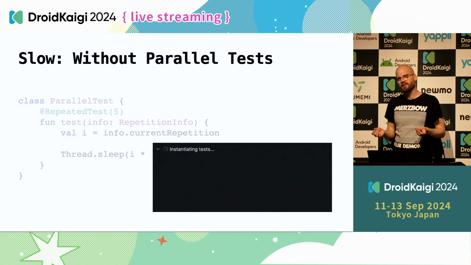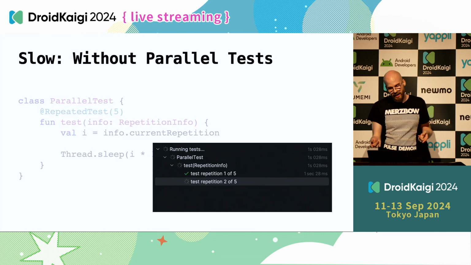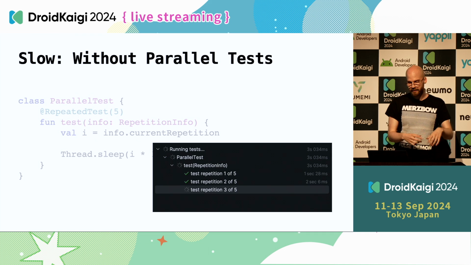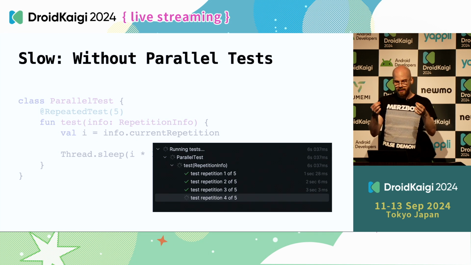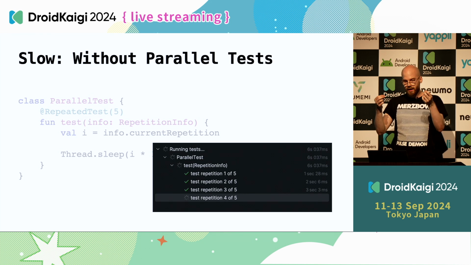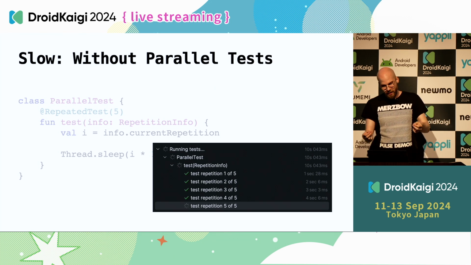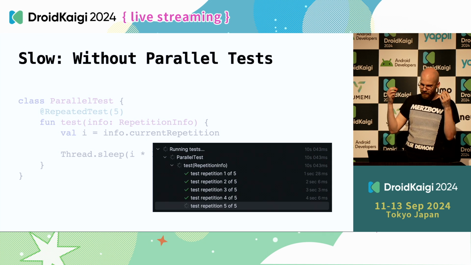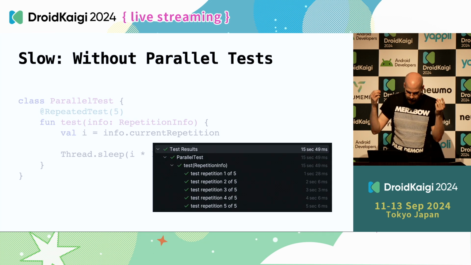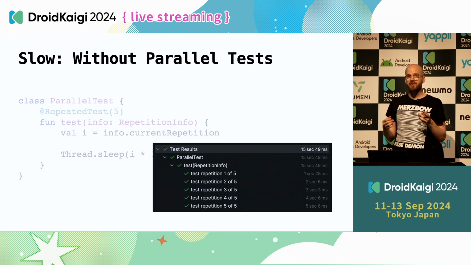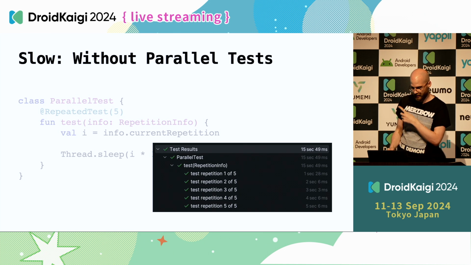If we run this, then you see that the first execution takes 1 second, then 2 seconds, the third one takes 3 seconds, then comes the fourth one, it takes 4 seconds, and the fifth one takes 5 seconds. We just wasted 15 seconds of our life watching that animation. So we can make this faster, for sure.